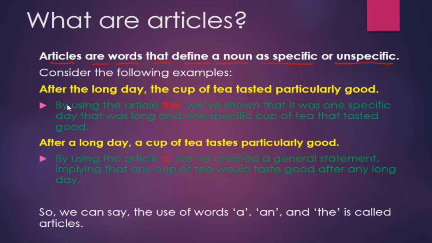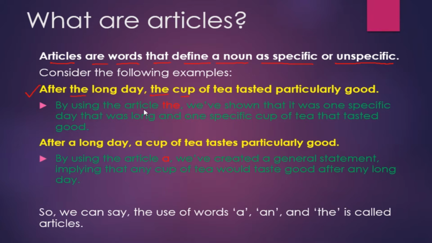Consider the following example here. Example number 1. After the long day, the cup of tea tasted particularly good. Here we have used the article the, another the in front of this cup.